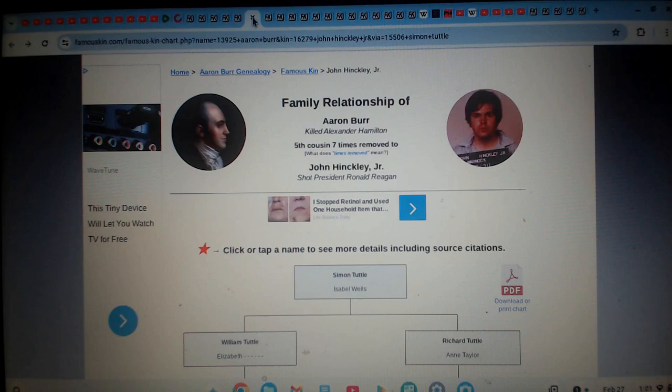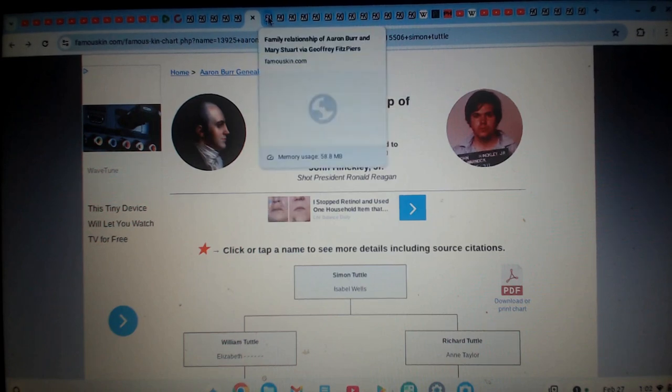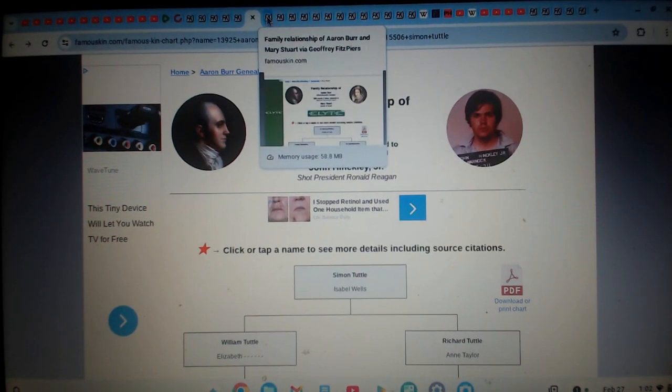So Aaron Burr, Nancy Reagan, John Hinckley Jr., and the vice president at the time, who would have been president if Reagan had been killed instead of just shot, George H.W. Bush. They all have the same grandfathers 1,000 years ago, but they also go through these same names. Simon Tuttle, Sir Geoffrey, whatever the other name was.